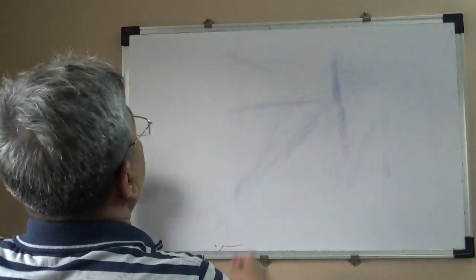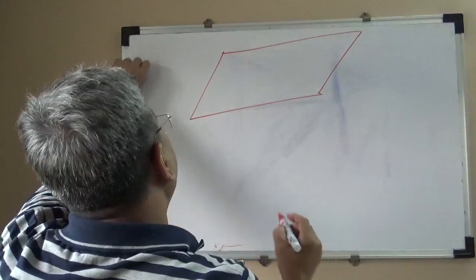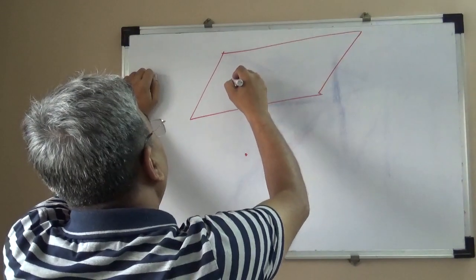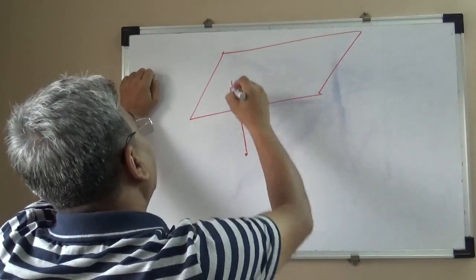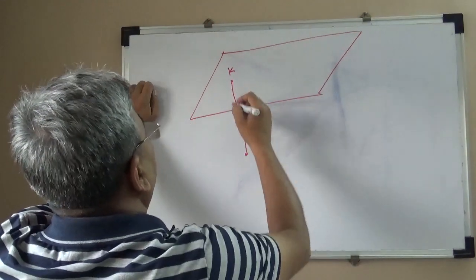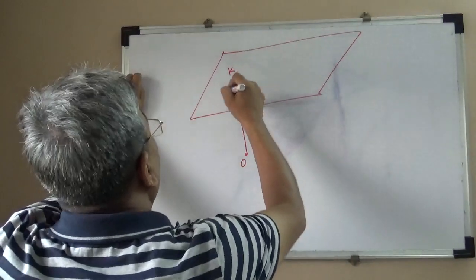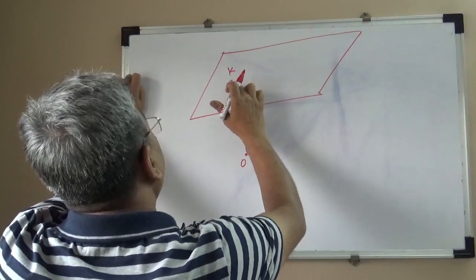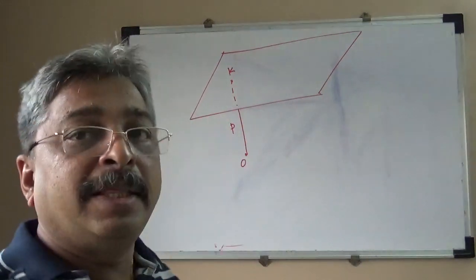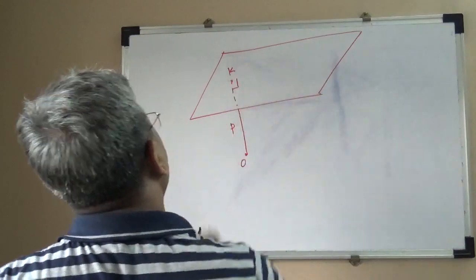So what is given now? Suppose I want to find the equation of this plane, and given is, suppose there is an origin and we drop a perpendicular from the origin, and this is point K. So the plane is P distance away from the origin, this is the perpendicular distance.